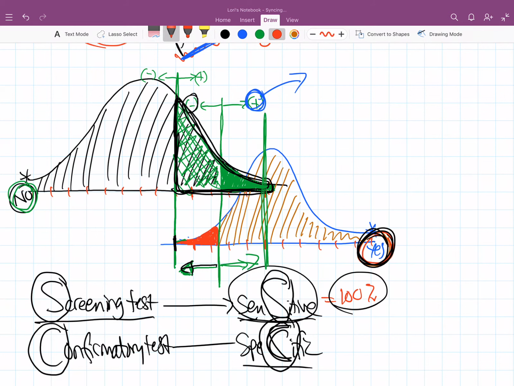That's where we miss out on this whole group of people right here. Let's draw it again in black. This whole set of people who do have disease, we missed out on them on this screening test, and we don't want to do that. They could benefit from getting into treatment early. That's the whole point of doing a screening test, is to pick up on people early before they have the symptoms and before their disease progresses and gets worse and worse and worse.